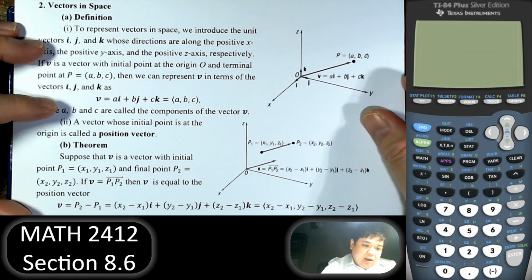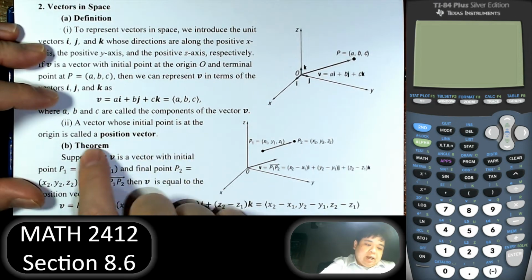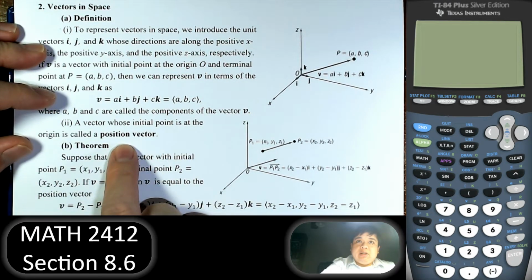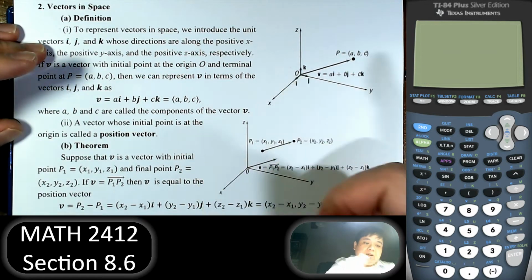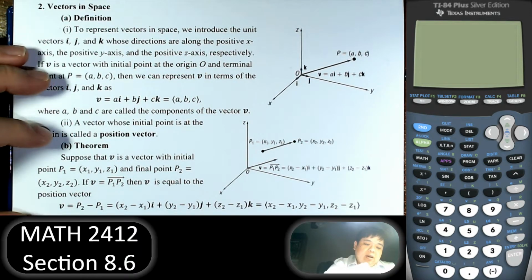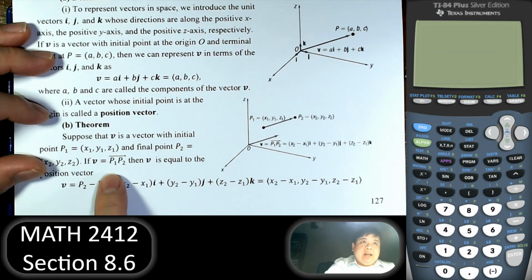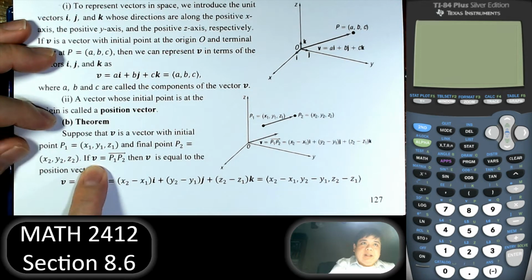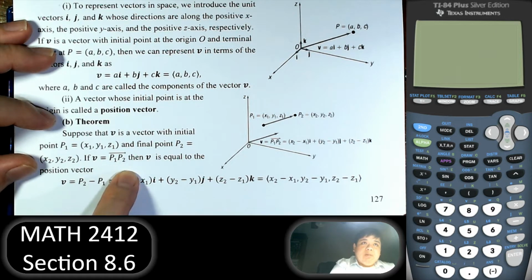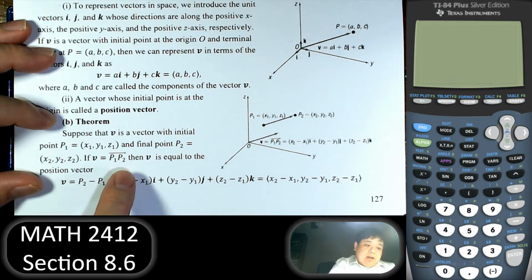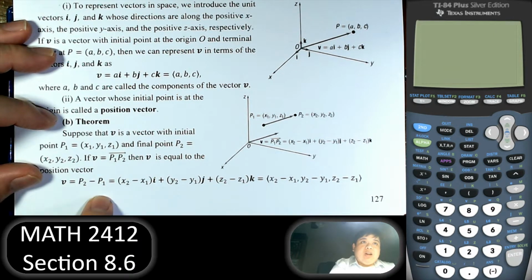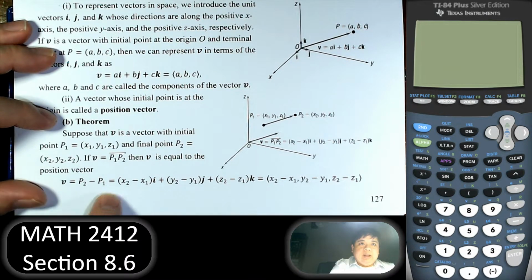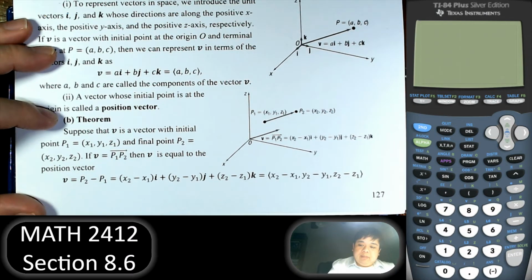Now, a vector whose initial point is the origin is called the position vector. Of course, we'll talk about that. Now, once we have the position vector, then we say a vector connecting 2 points, the vector v is equal to the vector p1 p2, if we just take the coordinates of the point p2 minus the coordinates of p1, and we turn that into the vector.